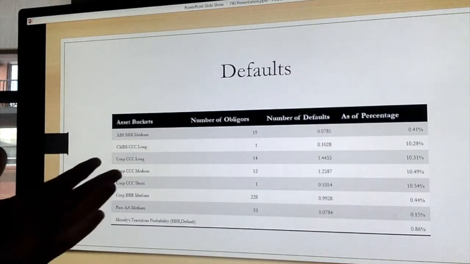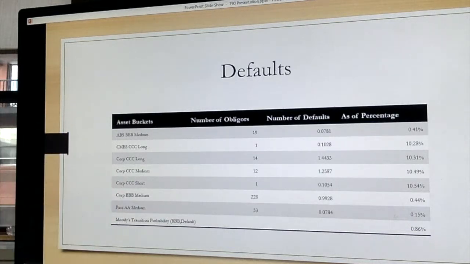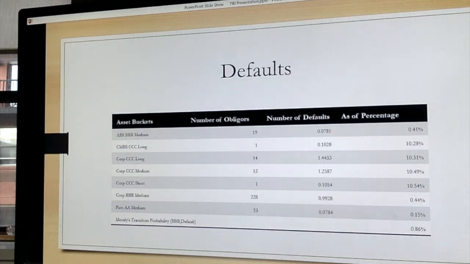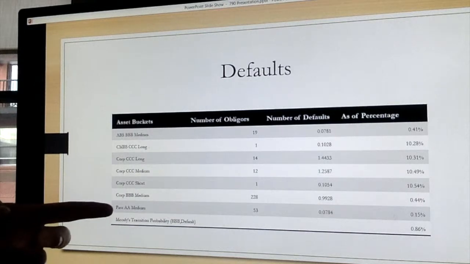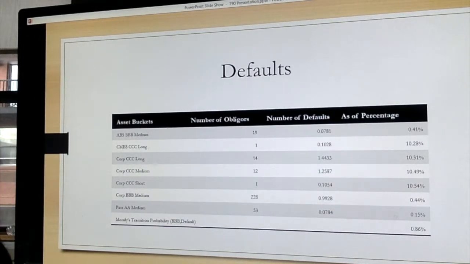Because corporates have the biggest share, I added all corporates, mostly the triple CCs and triple BBs. I also added ABS and pass-throughs, which have a 9% share. It's important. And I also added the Moody's transition probability matrix, the industry average, to compare how the asset buckets are performing in CNA's portfolio.